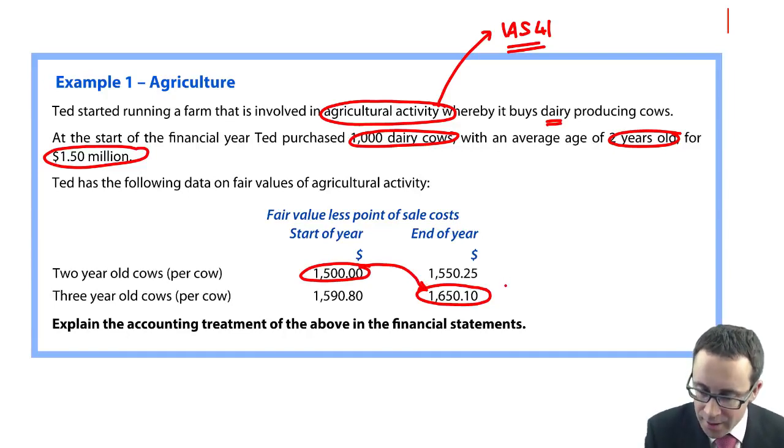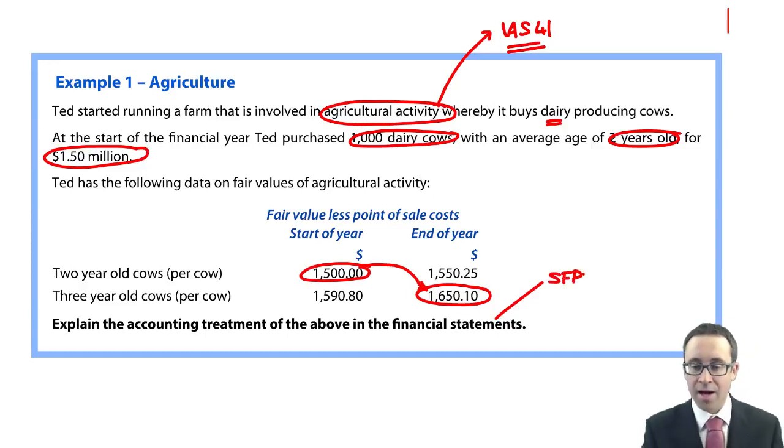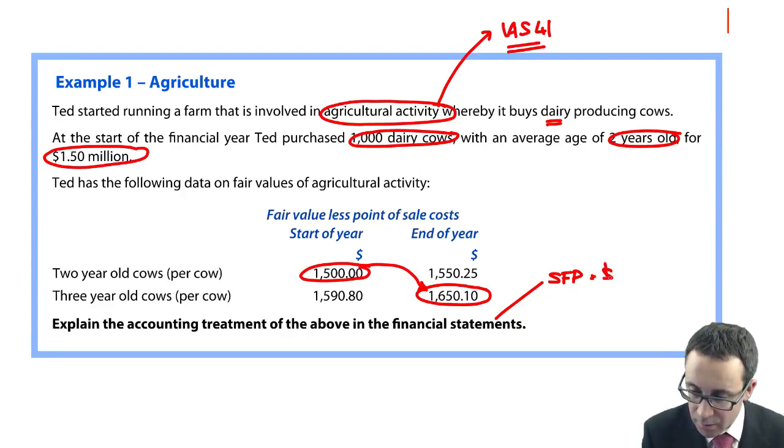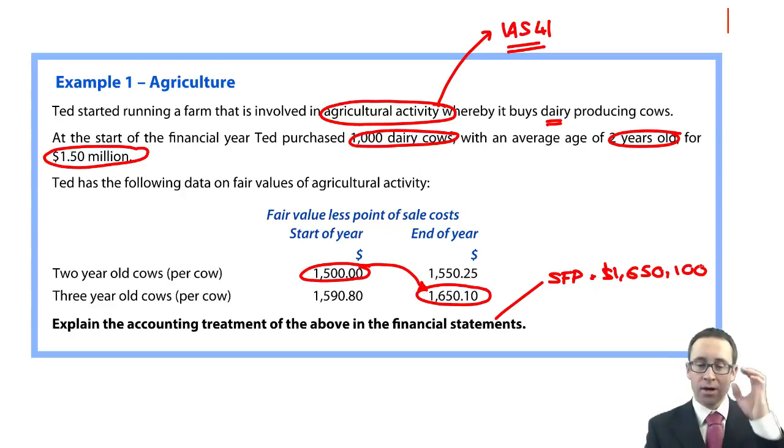So at the end of the year, in terms of your financial statements, on the SFP you have an asset of 1,650.1 multiplied by 1,000. Careful, I need to do the right numbers on my calculator. Is that 1,650,100? So that will be your biological assets.